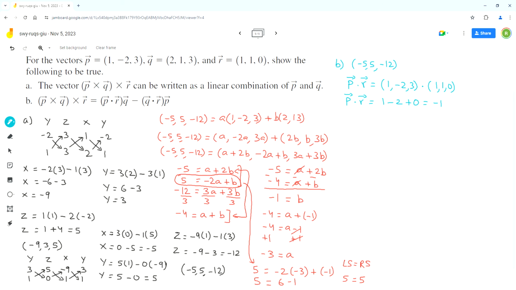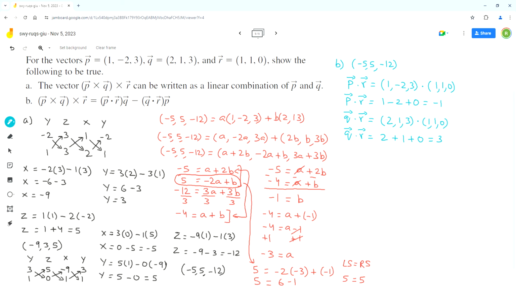Now we can find the dot product of vectors Q and R. So we can multiply the x, y and z components. 2 times 1 is 2, 1 times 1 is 1, and 3 times 0 is 0, which is equal to 3. So this is the dot product of vectors Q and R.